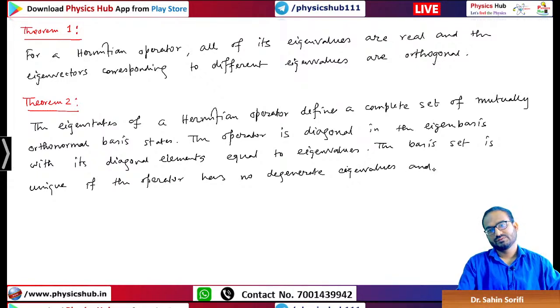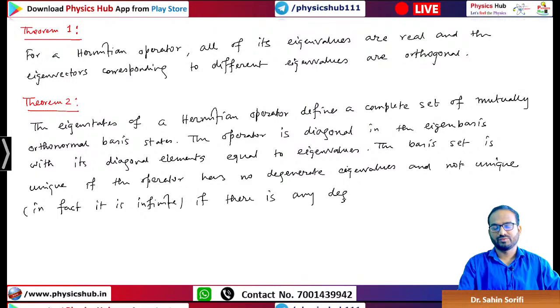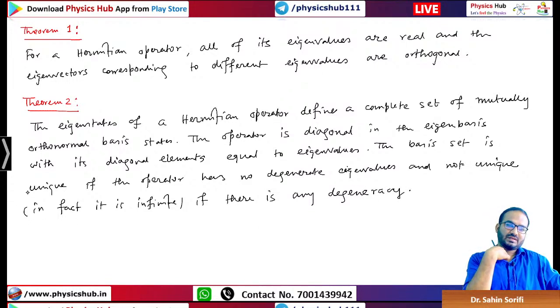and not unique, when it will be not unique? If it has degenerate eigenvalues. Not unique, in fact it is infinite if there is any degeneracy. Then we can express it in infinite ways. Okay, this is the second theorem.